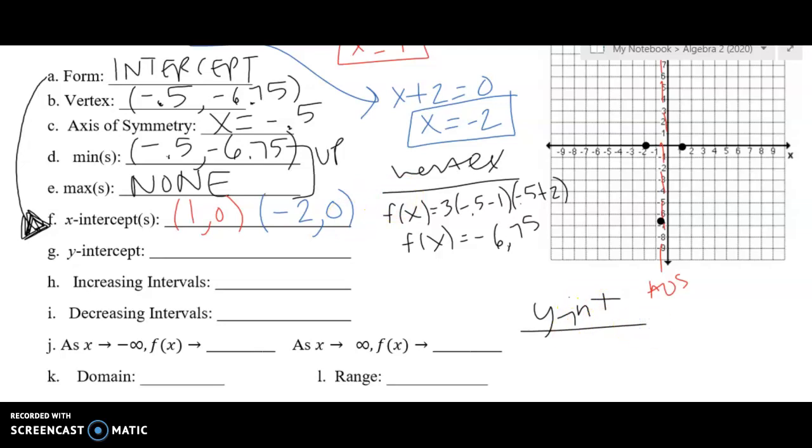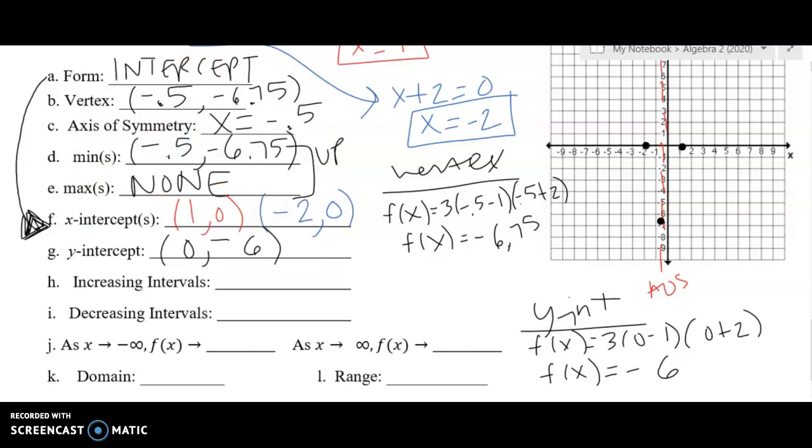Remember, to do the y-intercept, you take the original problem, and anywhere you see x, you put a 0. And again, you could type that into your phone calculator or do that calculation by hand, but you should get -6. So that means if the x value is 0, the y value is -6. And I can plot 0, -6 onto my graph. Those are all of my key points I have on my graph. I can connect them the best I can, and I have my parabola.